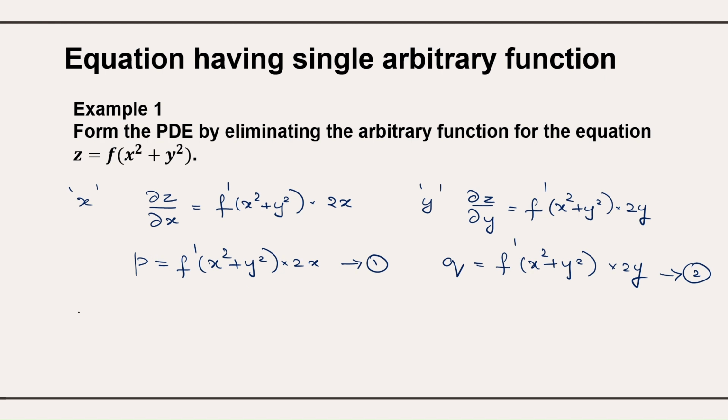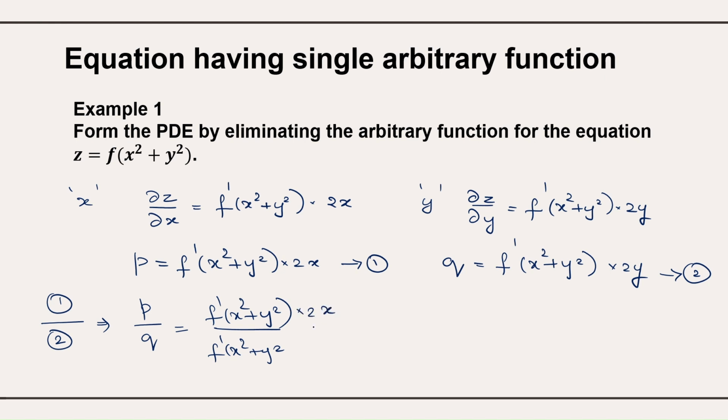If we divide equation 1 by 2, we will be getting p divided by q is equal to f dash of x square plus y square divided by f dash of x square plus y square, here into 2x and then here into 2y.